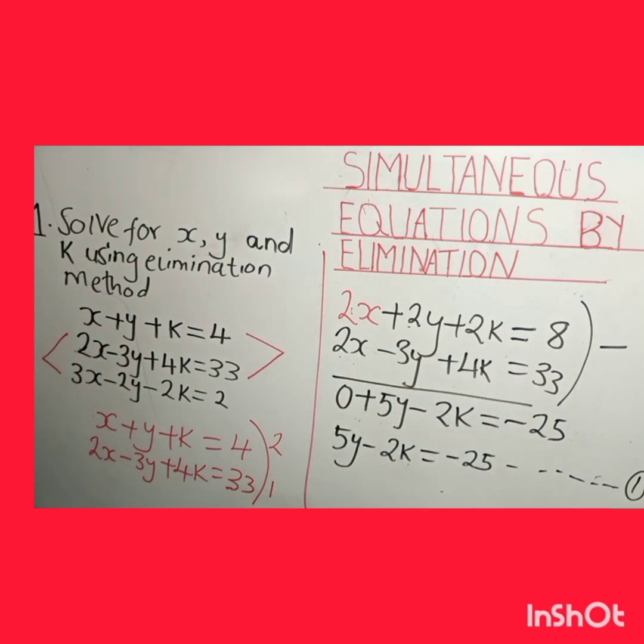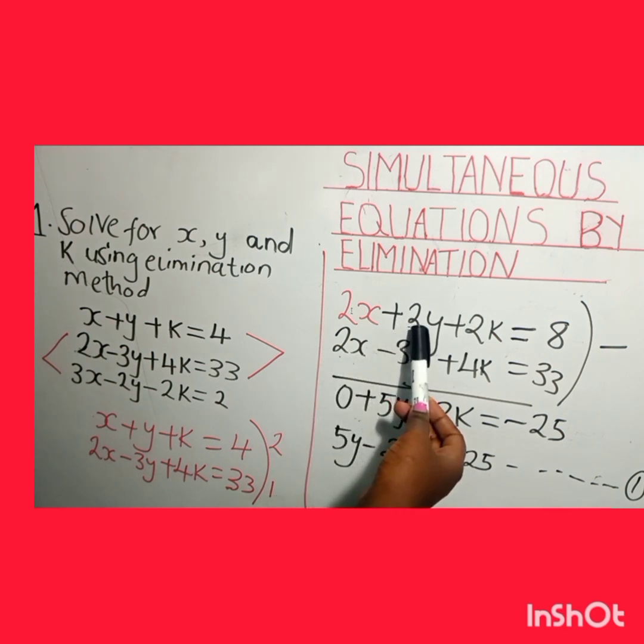For us to eliminate x, we are going to subtract the two equations. 2x minus 2x gives me 0.